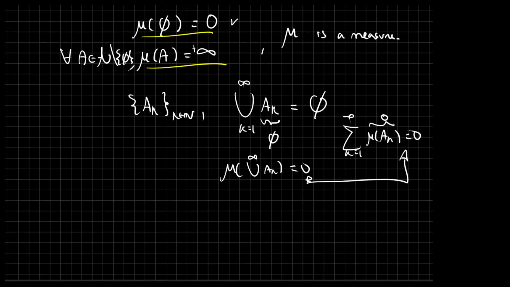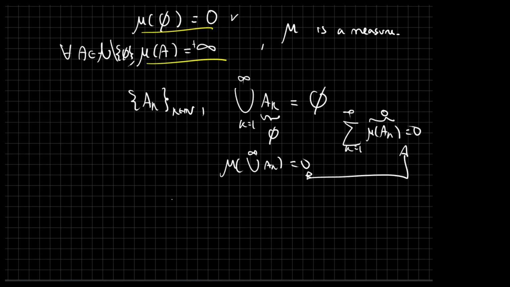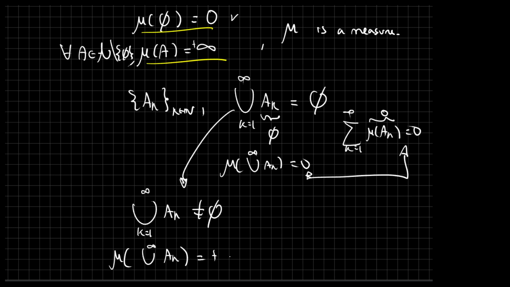Now you have another scenario in which this countable union is different from the empty set. If this happens, then the value of the measure on this union will be plus infinity, because of the second case. On the other hand, this also implies that there exists some term that is different from the empty set. Right, because if everything was the empty set, then the union of empty sets is just empty.